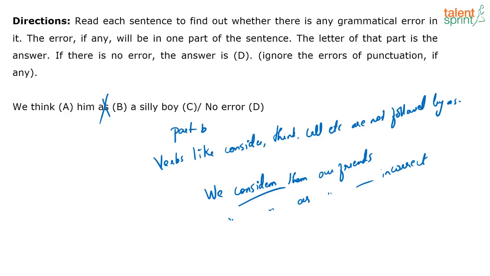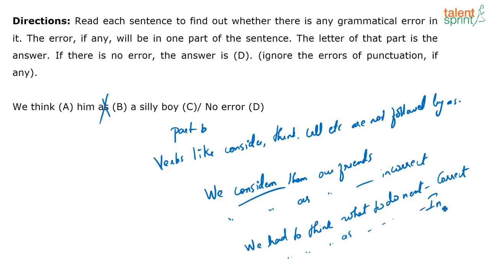Think is already there in our context, but we can still look at it. Just to give you a context, I can say, we had to think what to do next. This is correct, not we had to think as what to do next, incorrect.